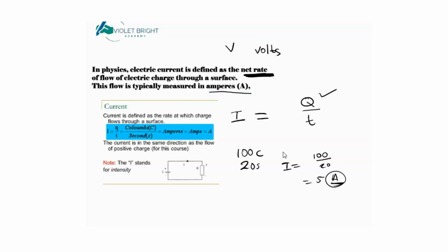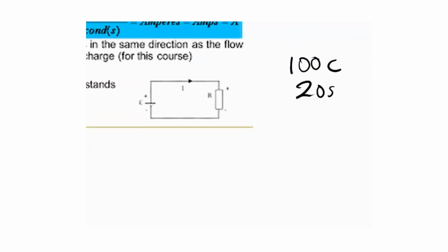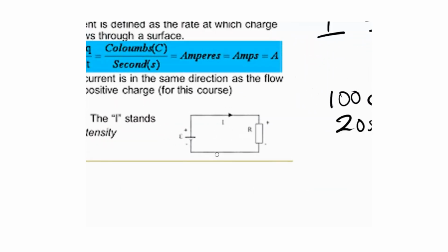So let's recap again. Electric current is the net rate of the flow of charges through a circuit. So now remember, in series, let me just use this diagram here. I hope it is visible. In series, okay, let me just try to draw it.